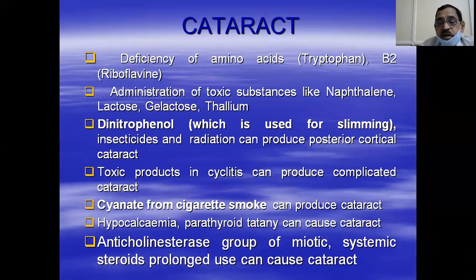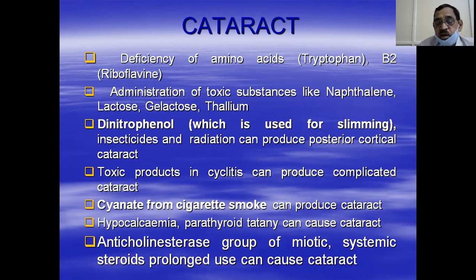Insecticides and radiation can also produce posterior cortical cataract, and toxic products in cyclitis, and also iridocyclitis. It can produce a complicated cataract. Cyanide from cigarette smoke can produce cataract again.